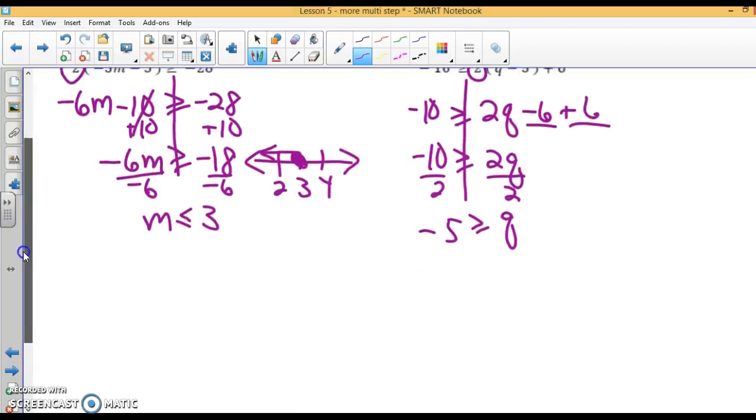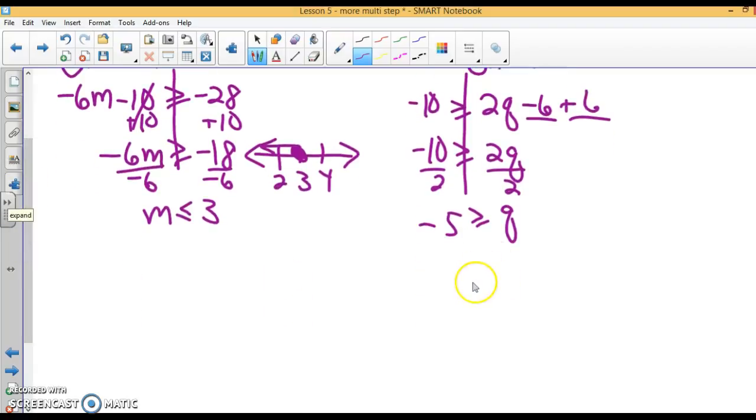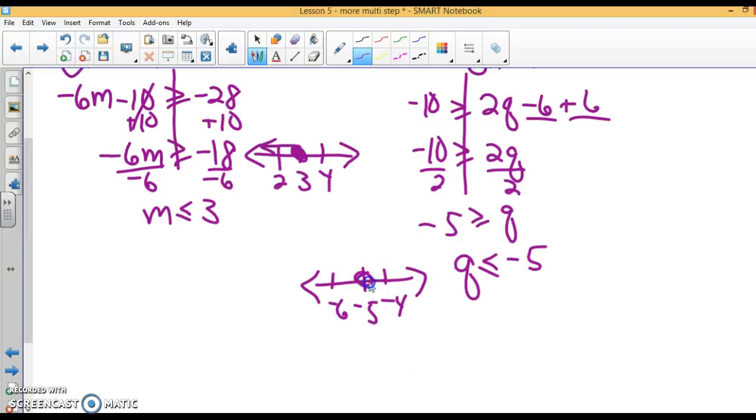You need to remember, however, to switch this, transpose it, so you can have the variable on the left to graph it. Look, pointy side towards the variable, pointy side towards the variable. Draw your graph. And I'm going to have a solid circle because, again, it's equal to, shaded left.